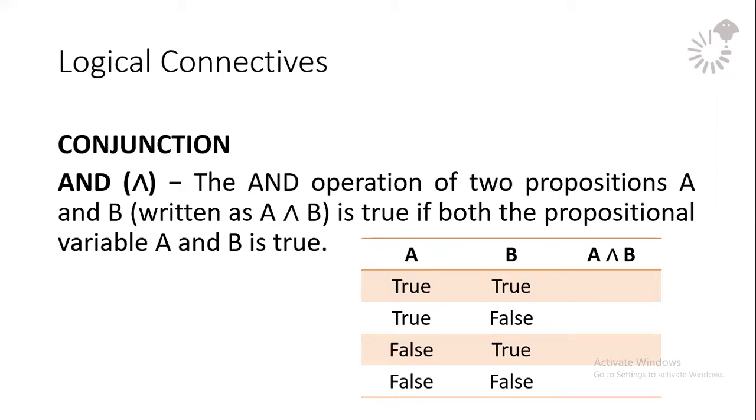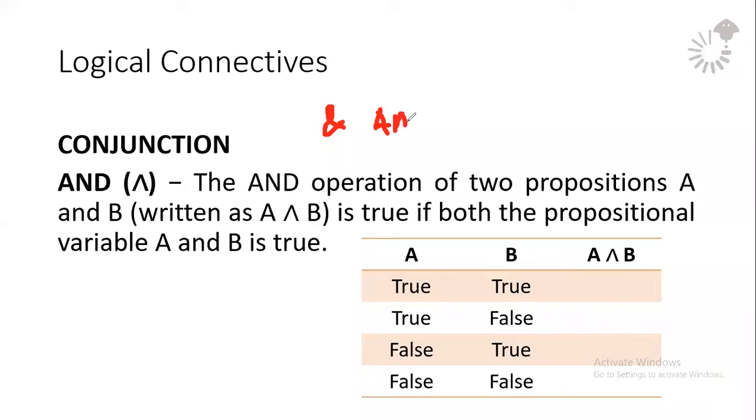Let's start with conjunction. Conjunction is and. Conjunct or pinagsasama niya, di ba? So, statement 1 and statement 2, conjunction of two statements. In some programming languages, you can check na ang and niya is ampersand or yung word na and, di ba?